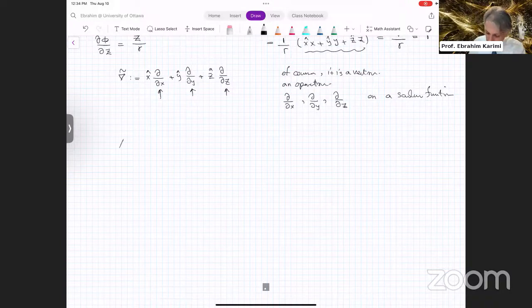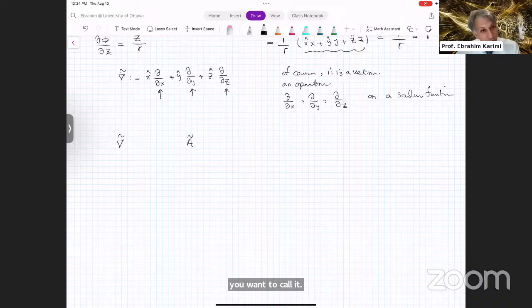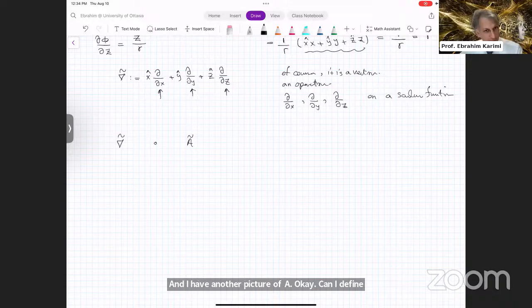I have a vector of nabla, or del, or gradient, or whatever you want to call it. And I have another vector A, okay? Can I define a dot product between the two? I can do that, right? If anyone doesn't agree, just tell me. Okay, I'm looking at the Q&A.